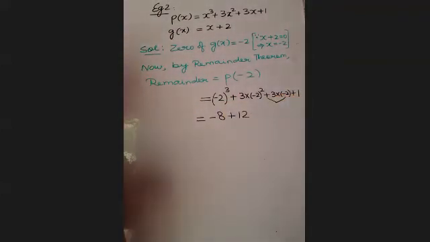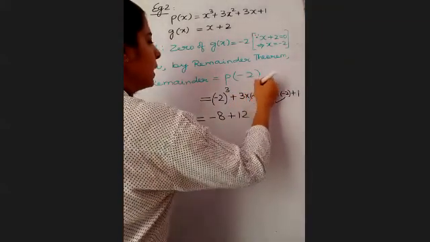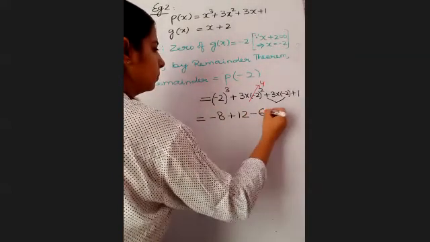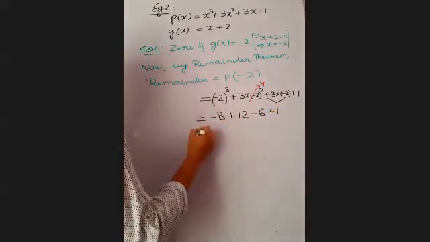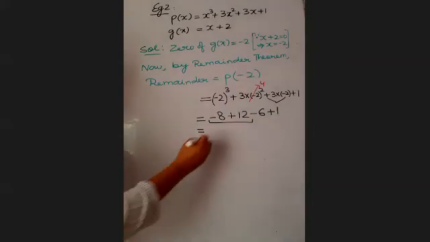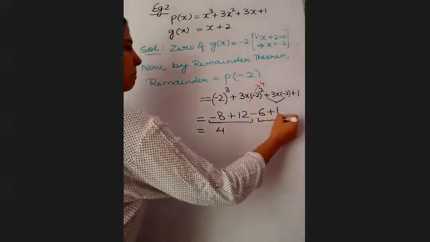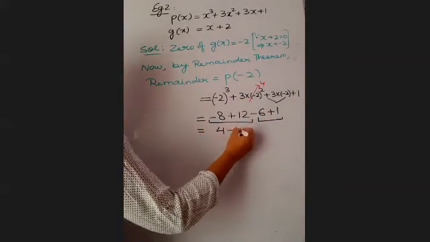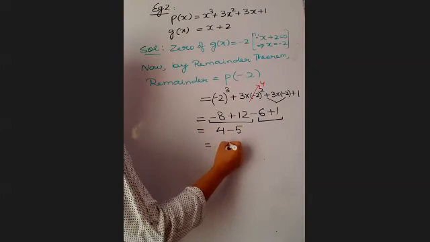Minus 6 plus 1. You can just put an arrow and write 4 here so that it becomes easy for you, as minus 2 squared is becoming 4. Now 3 into minus 2 is minus 6, minus 1. Now what is minus 8 plus 12? Plus 4. And minus 6 plus 1 is minus 5. Plus 4 minus 5 minus 1 is minus 2.